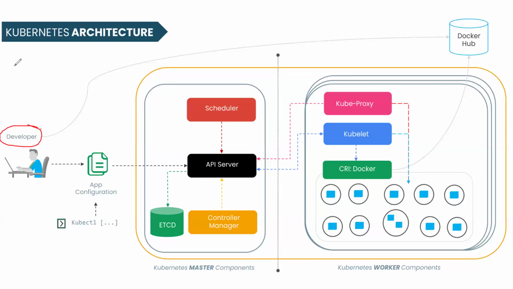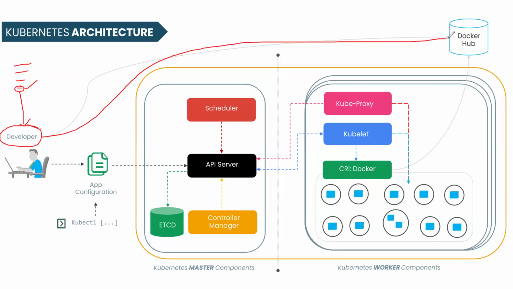The developer is responsible for creating the application source code, performing the application build, creating the artifacts, and based upon the artifacts, creating an application image. The Docker container image is created by the developer using the Docker build command. Once the developer creates the image, it will be published to a container registry like Docker Hub.